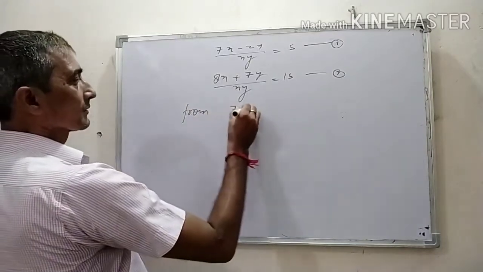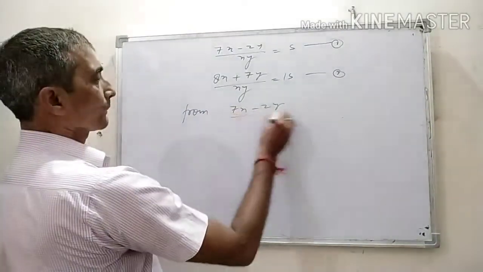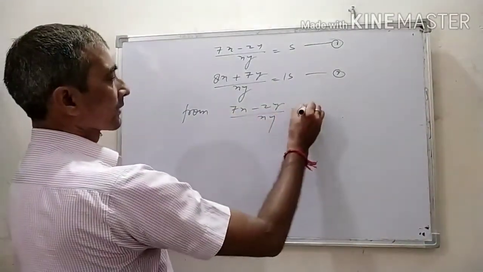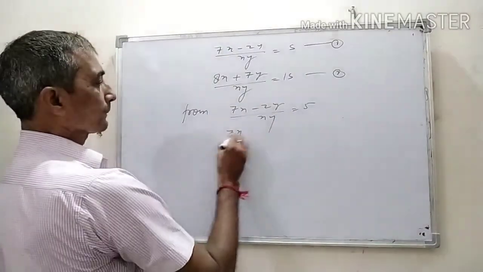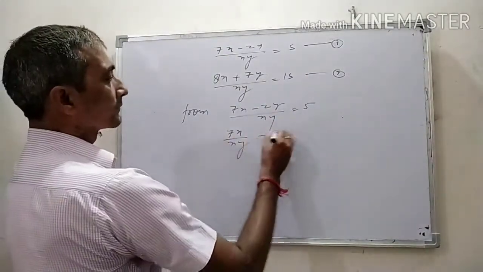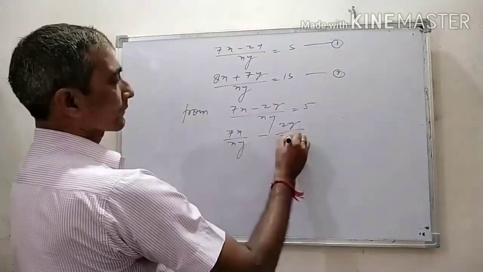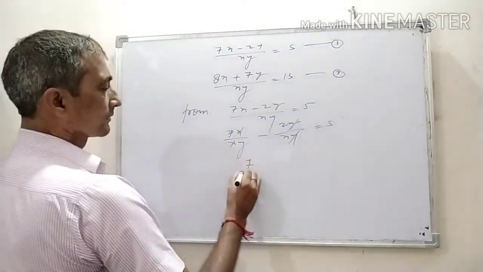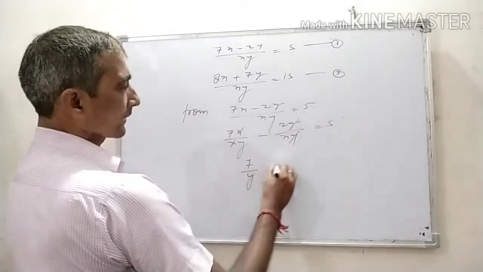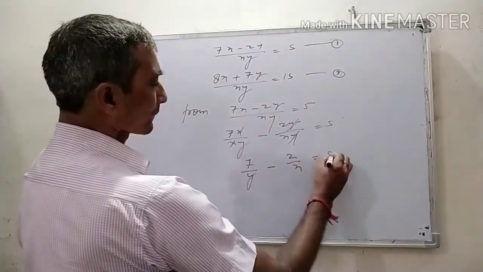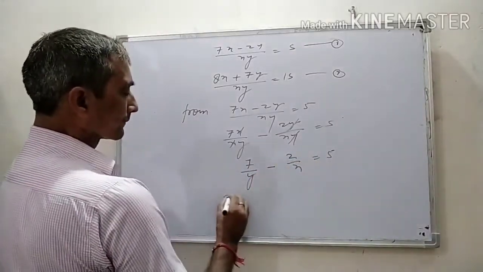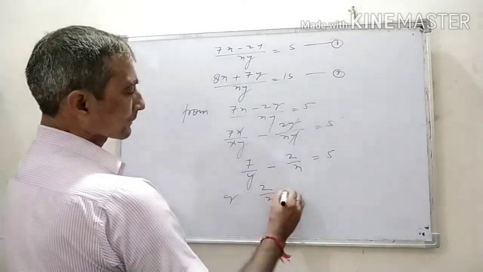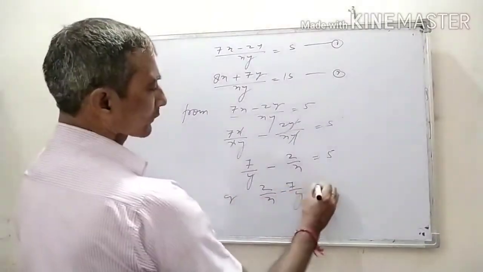From 7x minus 2y upon xy equal to 5, 7x upon xy minus 2y upon xy, y will be cancelled. 7 upon y minus 2 upon x equal to 5, or 2 by x minus 7 upon y equal to minus 5.